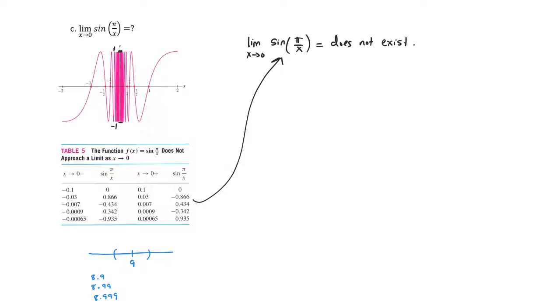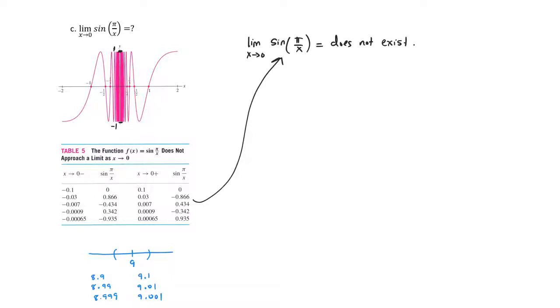We just keep adding 9s after the decimal: 0.9, 0.99, 0.999. And on the right, we took x values starting with 9.1, 9.01, 9.001, and so forth. And this was good enough for us to see what the y values were approaching. That was in one of the previous examples that we just finished discussing.